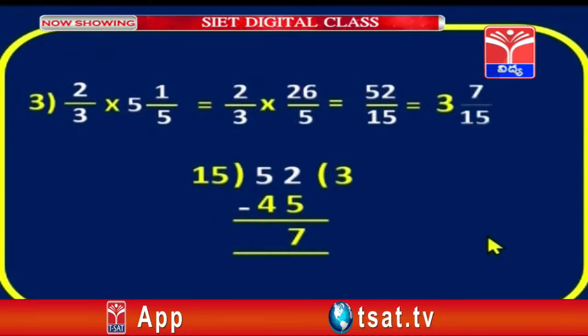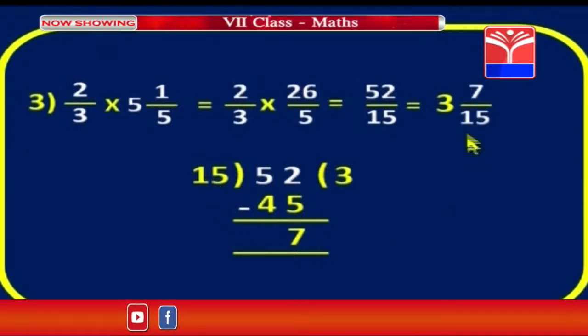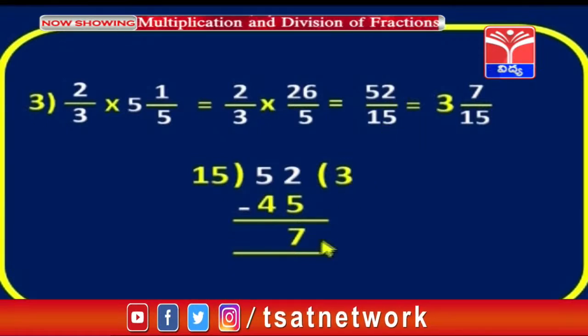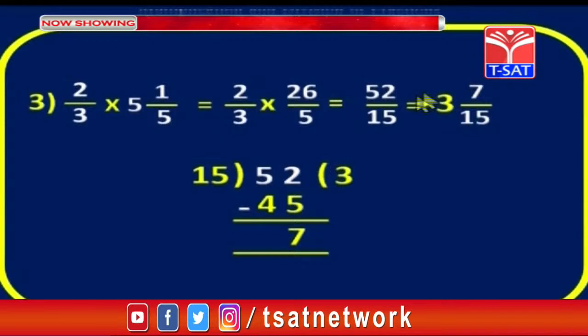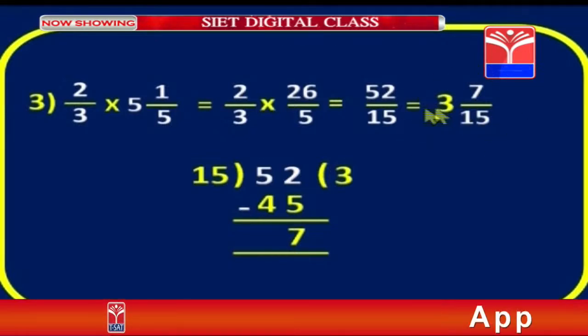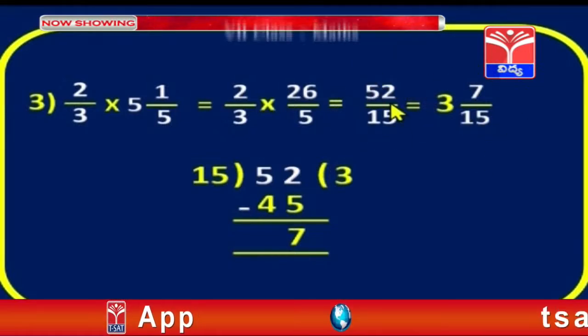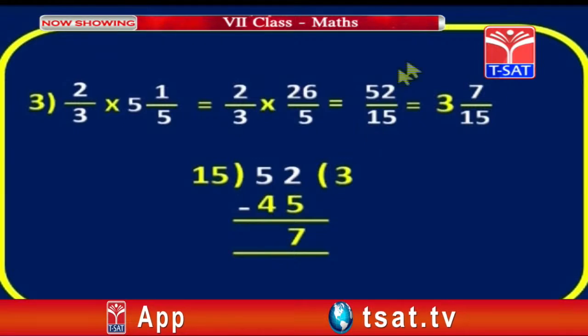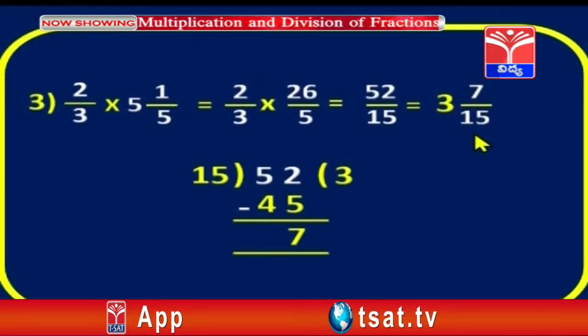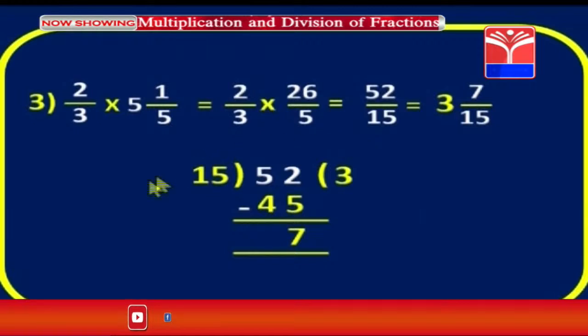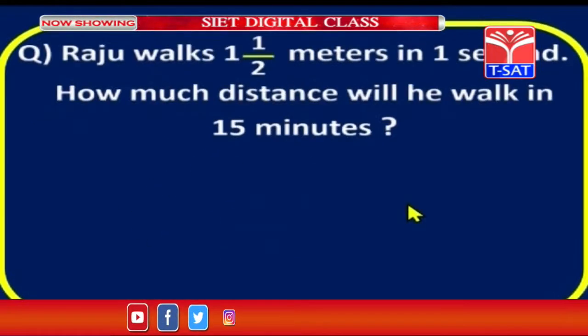So you will get 7 by 15. So 52 by 15 can be taken as 3 7 by 15. This is the mixed fraction. It is the improper fraction. So when you get an improper fraction, you have to convert it into a mixed fraction. To convert into a mixed fraction, this is the procedure that you have to follow.